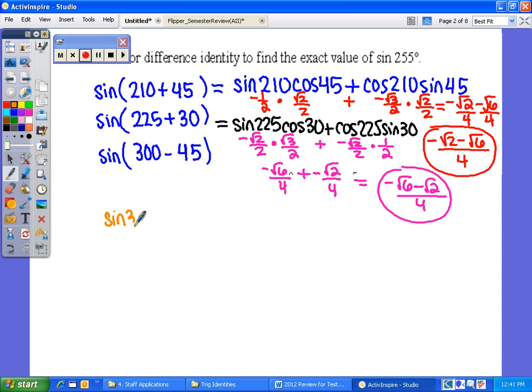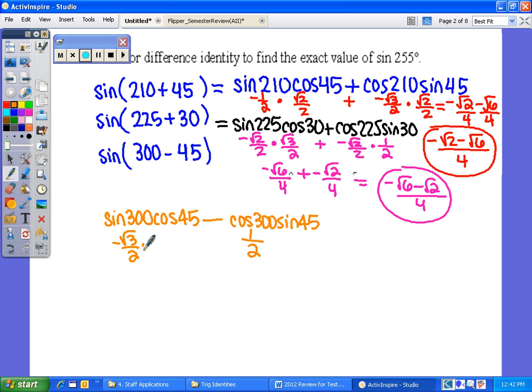So that expansion becomes sine of 300 times the cosine of 45 minus the cosine of 300 times the sine of 45. Now, 300 is in the fourth quadrant, so everything is negative in the fourth quadrant except for cosine. So cosine of 300 will be 1/2. Sine of 300 is negative square root of 3 over 2.